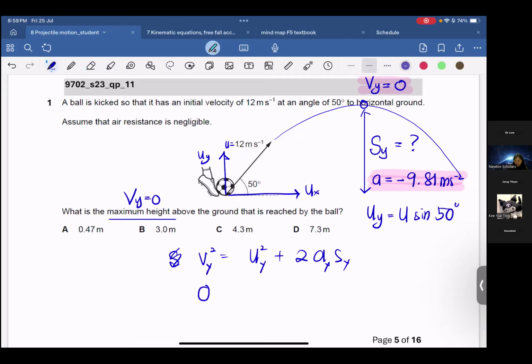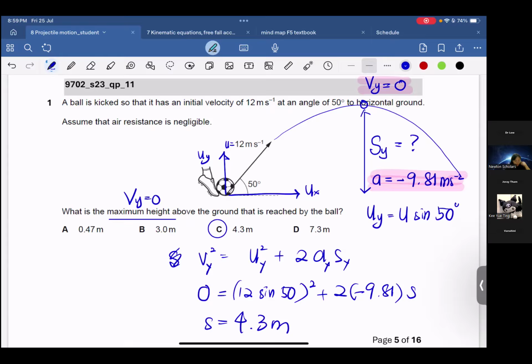Then Uy will be 12 sine 50 degrees, squared, plus 2 times negative 9.81 times S. So your S should be 4.3 meters, correct? Let me check. Vashini, C. Okay, correct. The answer is C.